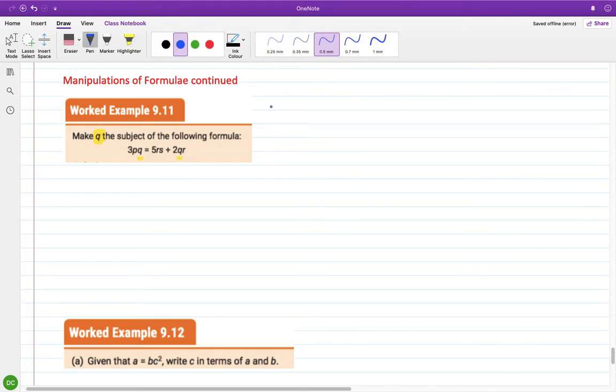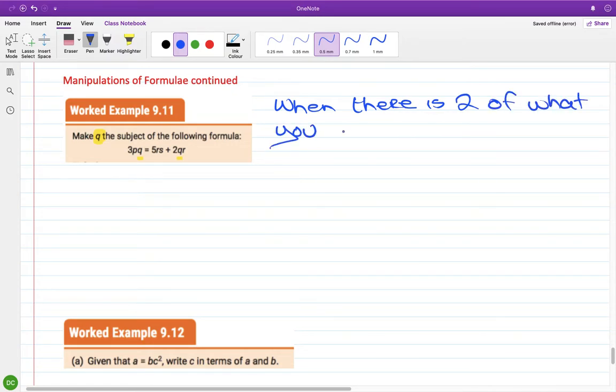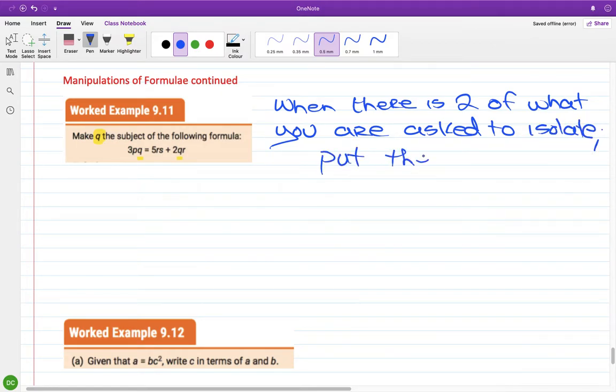Okay, so when that happens, when there is two of what you are asked to isolate, you have to put them together on the same side.